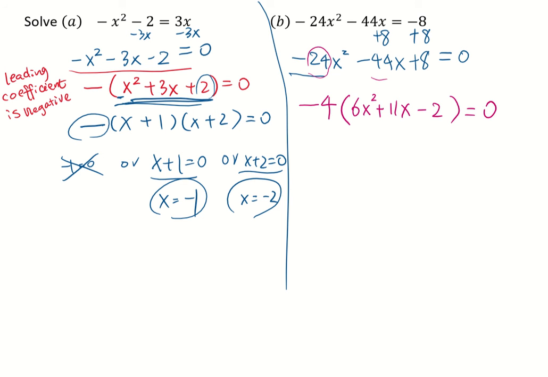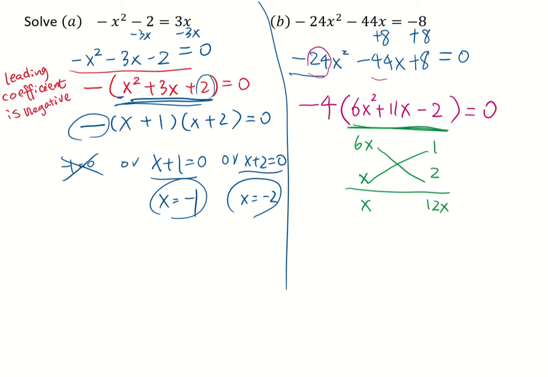Okay, now all we have to do is factor this part. So 6x squared, we'll factor it as 6x times x. Alright, for this 2, I will factor it as 1 times 2. Cross multiply. This will give me a 12x, and this way will give me an x.